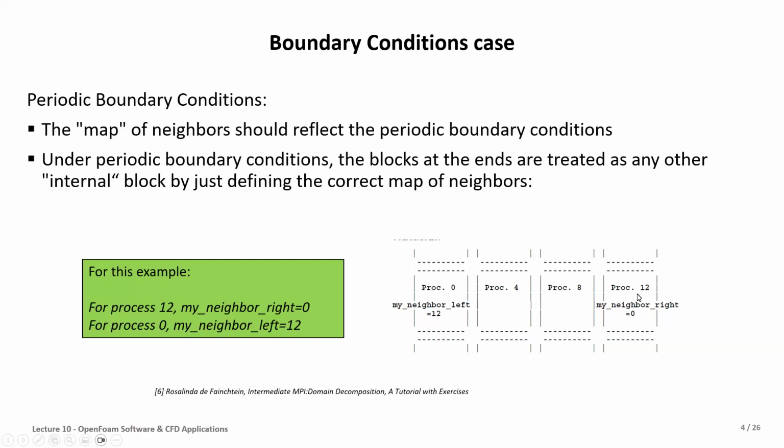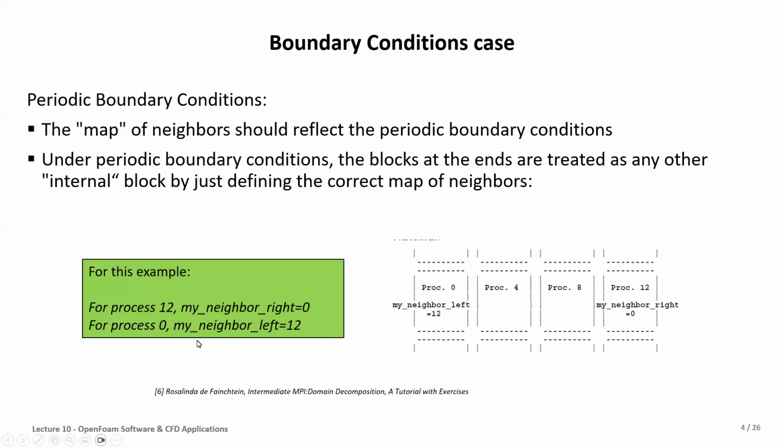And here, since the boundary condition is next to 12 and next to 0, we are specifying that the neighbor for 12 is processor 0. To do that, here you can see a simple command: for processor 12, the right neighbor is equal to 0.